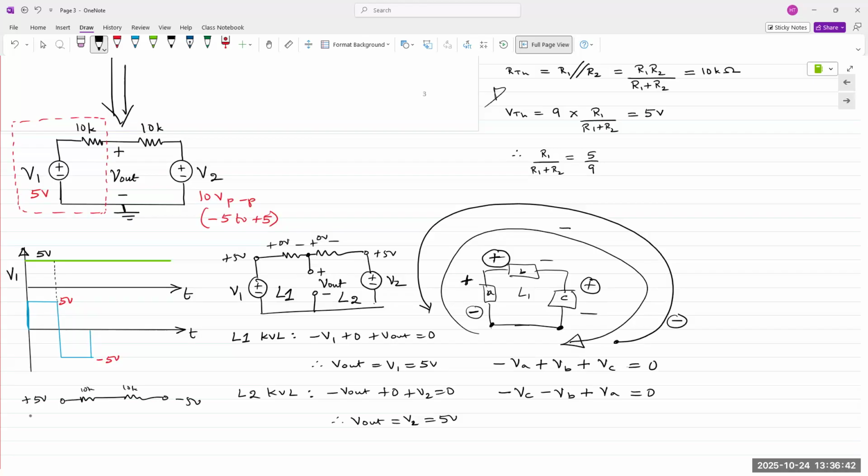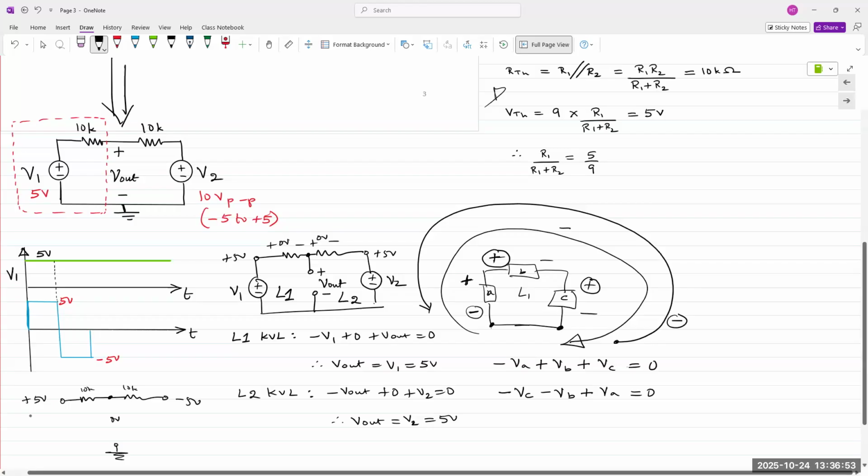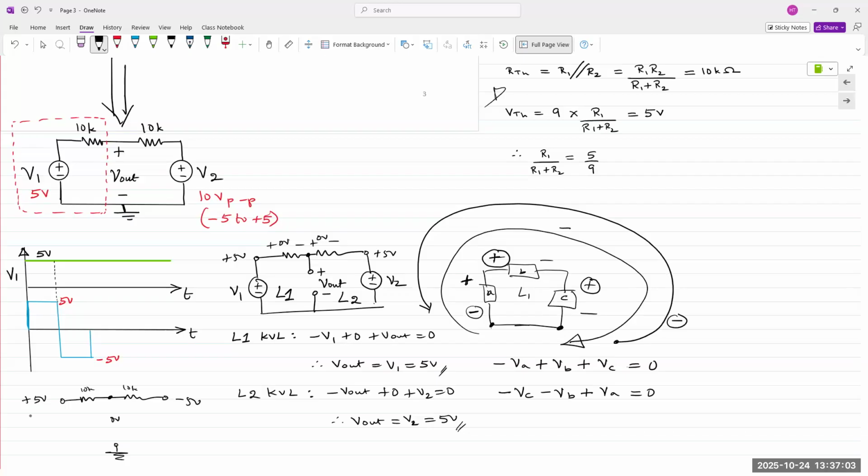Yes, with respect to the bottom node, it will be 0 volts, because it's +5 and -5. In the positive half cycle, we already had 5 volts. In the negative half cycle, it'll go to 0. Current would be flowing, but the voltage would be 0 volts. So that's how we get the waveform shifted between 5 volts and 0 volts.